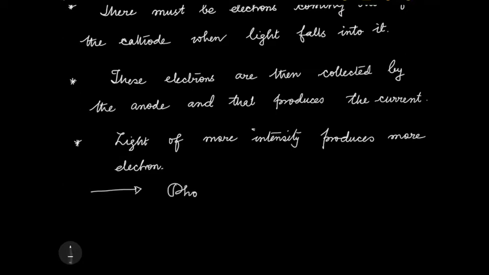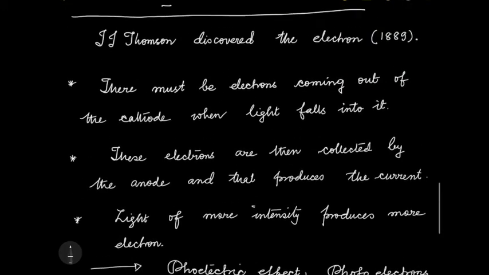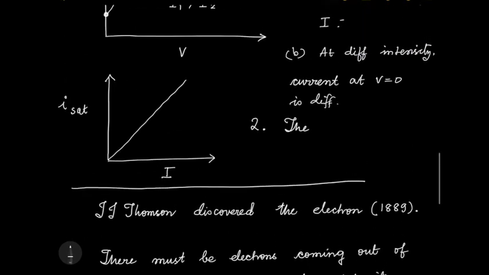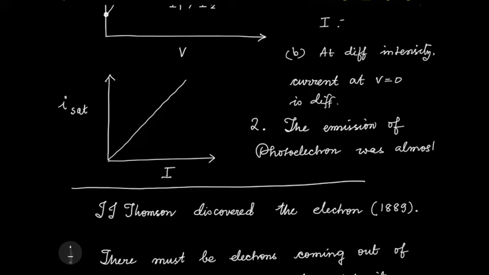This was called the photoelectric effect, and the electrons are called photoelectrons. So the other observation of Stoletov was that the emission of photoelectrons was almost instantaneous.